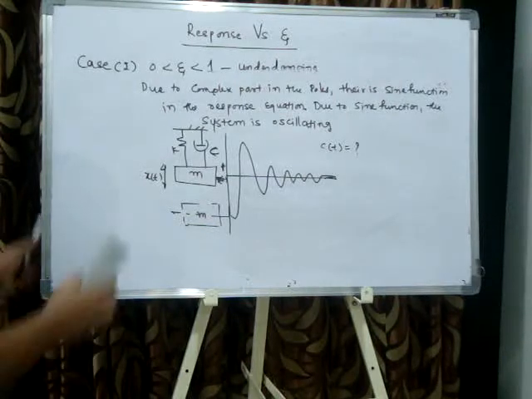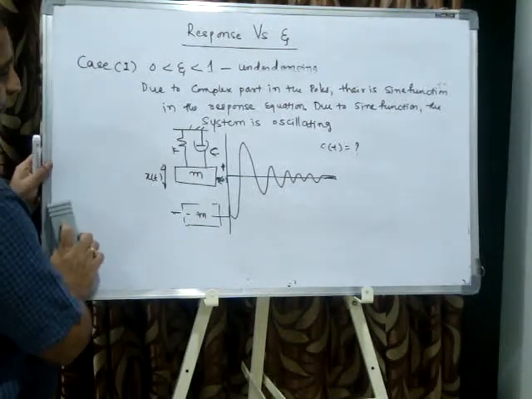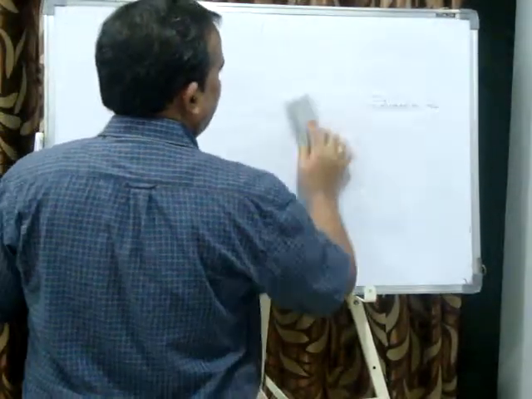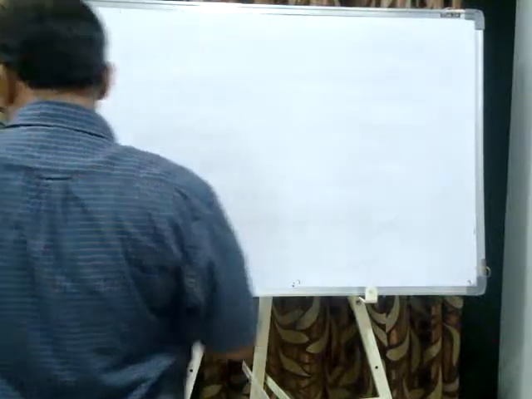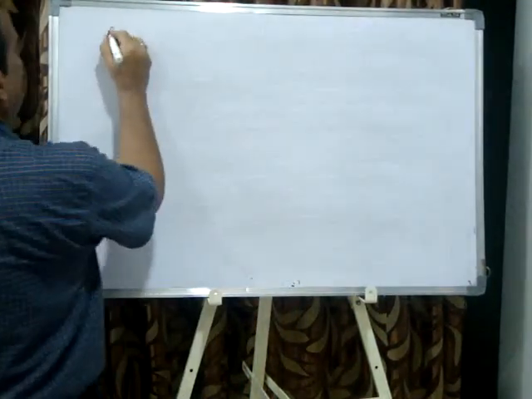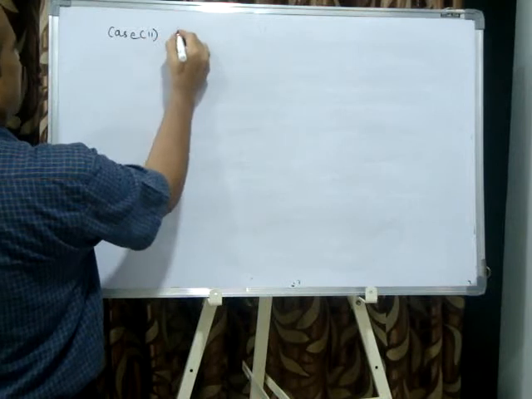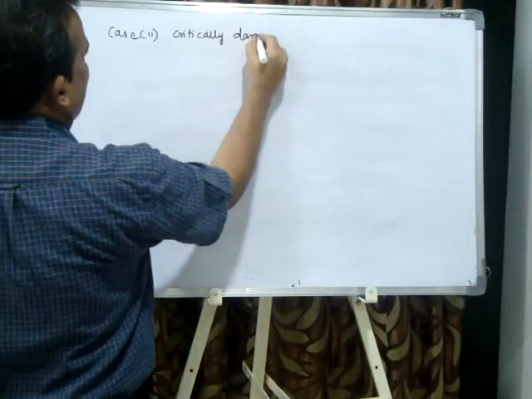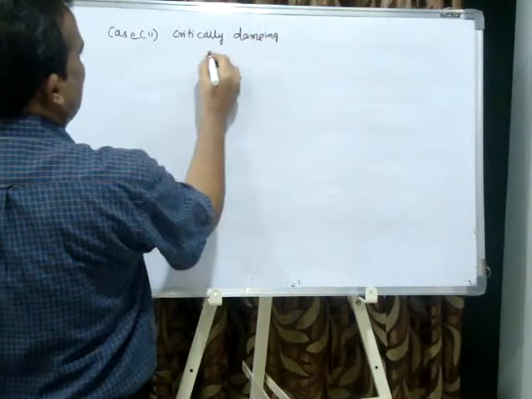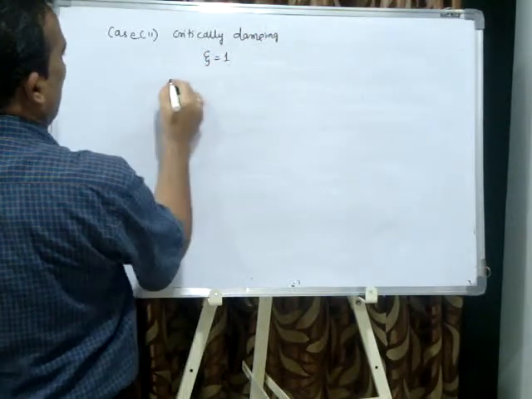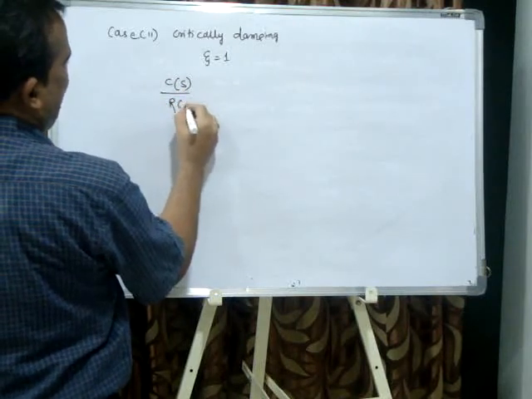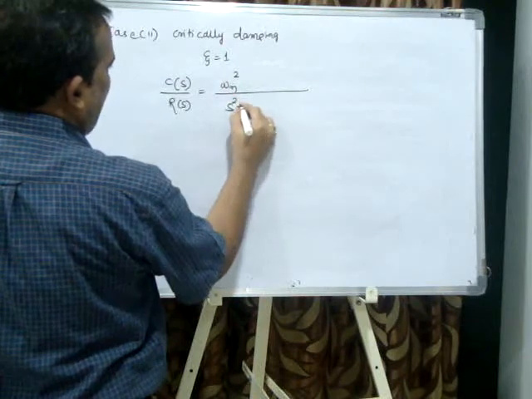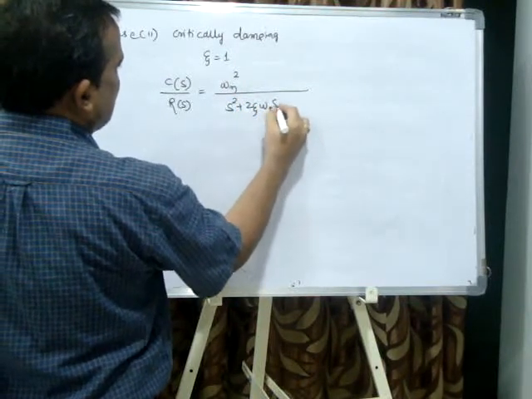Next is case 2, for critically damping. In the critically damping, zeta is equal to 1. We know the standard form of closed loop second order transfer function.